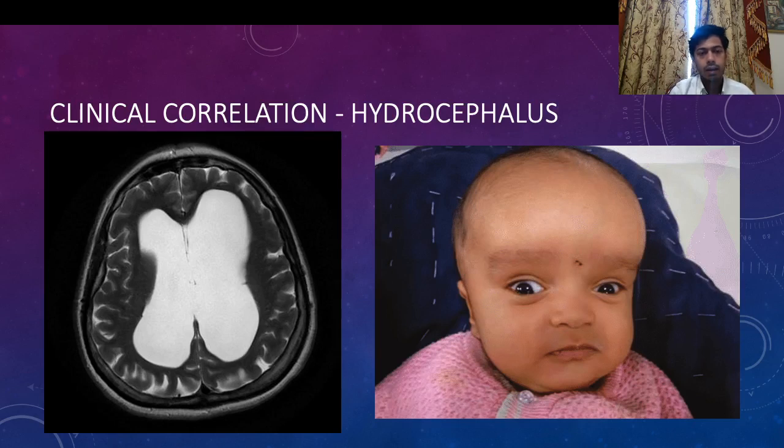Why have I mentioned this case? So this is a case of hydrocephalus. Hydrocephalus means there is an excess or accumulation of CSF in the ventricles, in either the third or the lateral ventricle.